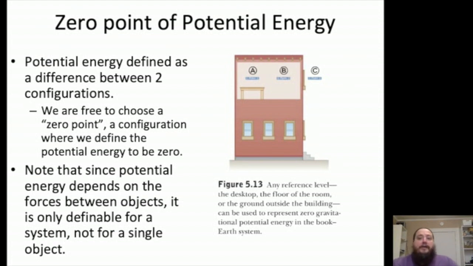And we can see here in the example figure 3 different definitions of what might be the 0 point or the end of interesting motion, right? So for point A, where the book is above a table, probably you would define the 0 point of the potential energy to be on the table.